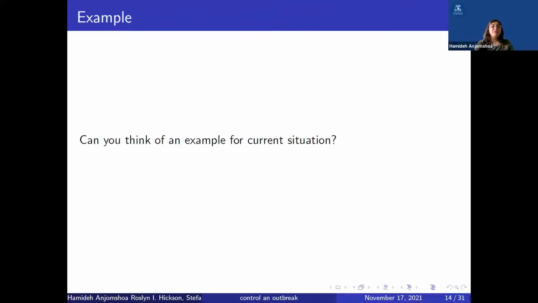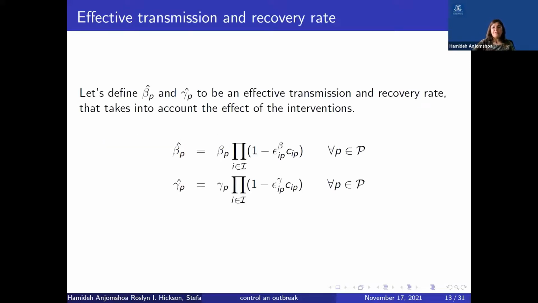So let's flash back to the current situation and think about COVID. What does it mean here? For example, when we apply a vaccine, imagine CIP is the coverage of the vaccine in, let's say, Melbourne, and we decide it to be 50%, 0.5 of the population.